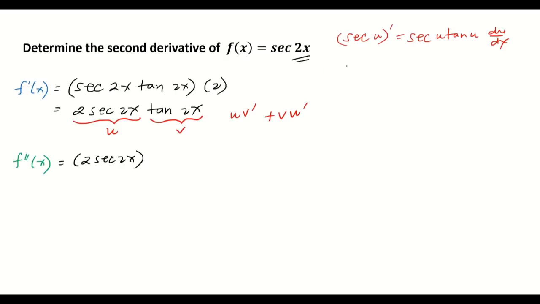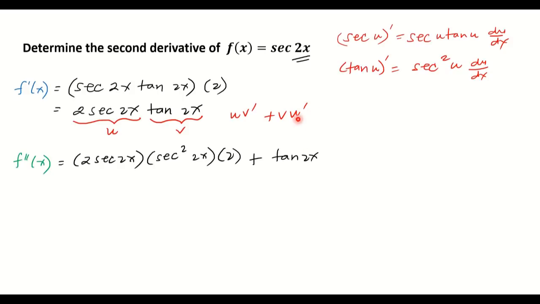Remember that the derivative of tangent u is secant squared u times du/dx. So for tangent 2x, we have secant squared 2x times the derivative of 2x, so that would be 2, plus v. So let's copy tangent 2x and then the derivative of u.